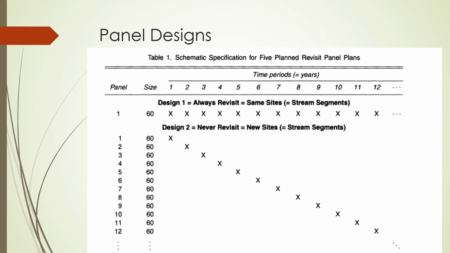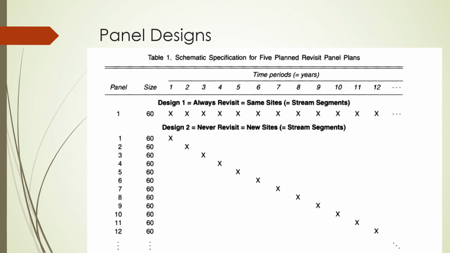One way of visually displaying these panel designs is with a table like shown here, where on the left is the panel number and the size, which refers to sample size, and then across the top there are the time periods, and the X's indicate when the samples within that panel are surveyed.